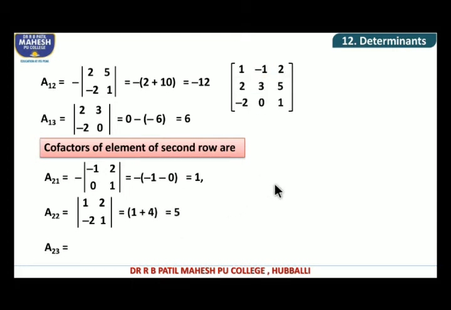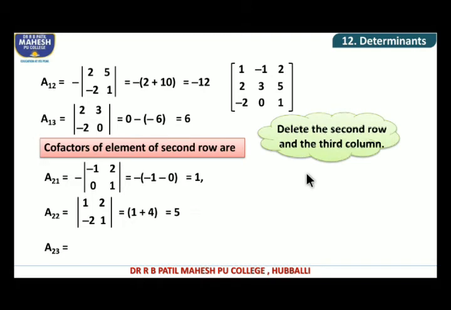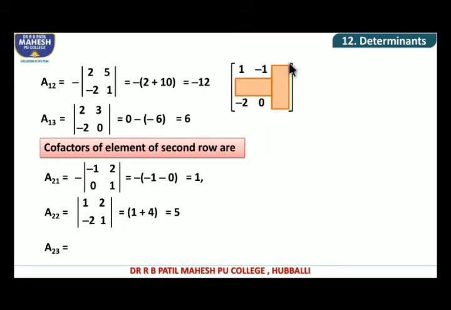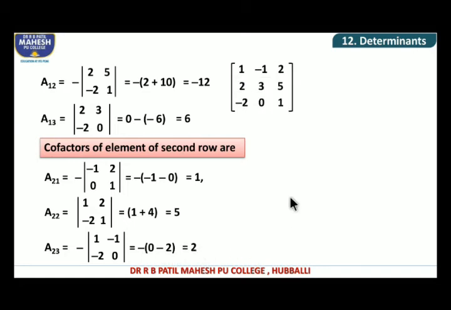Next A23, for this one we have the sign minus, therefore minus into the remaining determinant by deleting the second row and third column, that is 1, minus 1, minus 2, 0. Therefore minus into the bracket, that is 1 into 0 is 0, minus of minus 2 into minus 1 is plus 2, therefore 0 minus 2, therefore minus of minus 2 becomes plus 2.